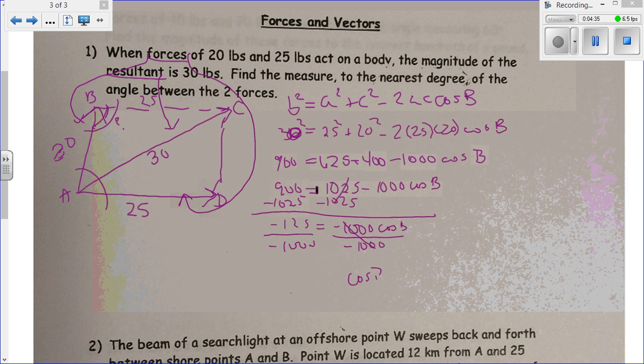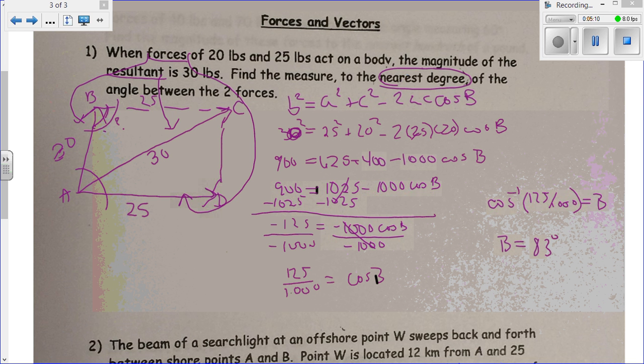So the cosine of B is equal to 125 over 1000, because two negatives divided by each other makes a positive. So in my calculator, I do inverse cosine of 125 divided by 1000, and that will be B. And when I do that on the calculator, I get, to the nearest degree, 83 degrees.